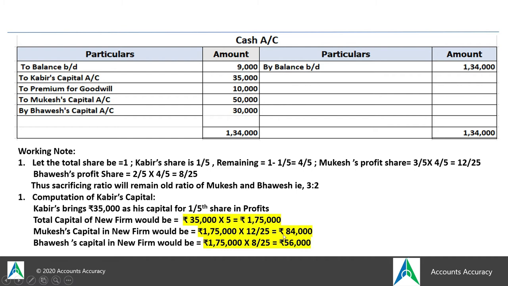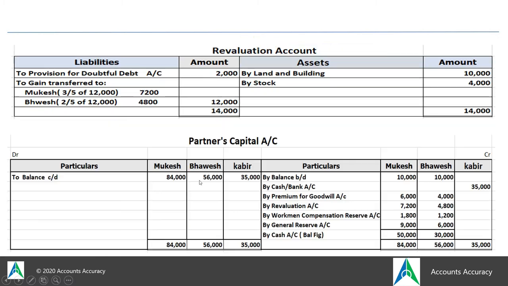These two are the new adjusted capitals of Mukesh and Bhavesh, which have been calculated by keeping the capital of the new partner Kabir as base. As we have calculated these two new adjusted capitals, we can reflect them in the partners' capital account.